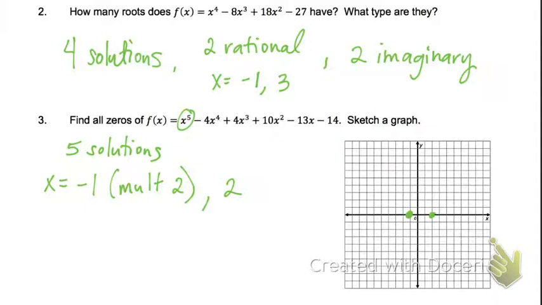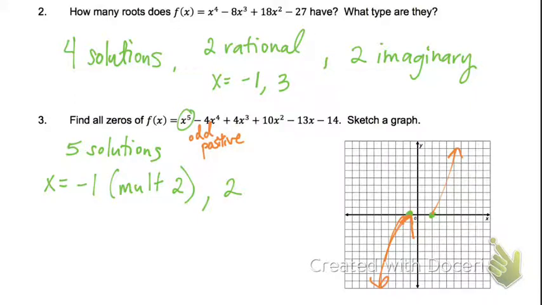Another thing you could do, so if I'm sketching the graph, we know that it's an odd function. So my end behavior, if it's odd and positive, means that it's going to go up to the right and down to the left. It bounces off. So it's going to touch -1 and then come back down. Could I figure out a y-intercept from this?